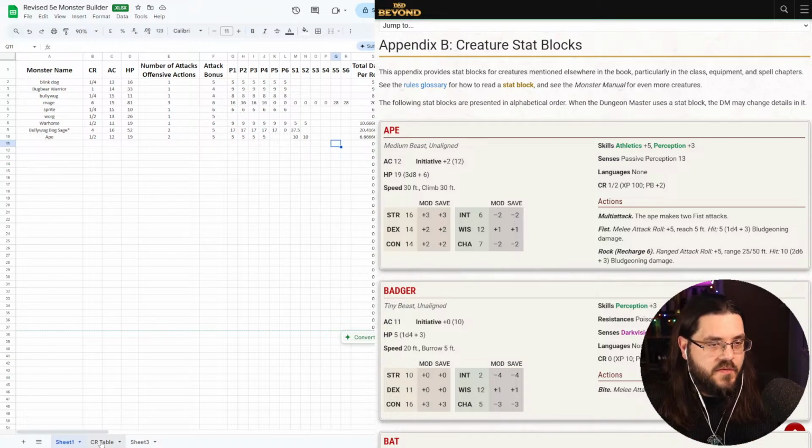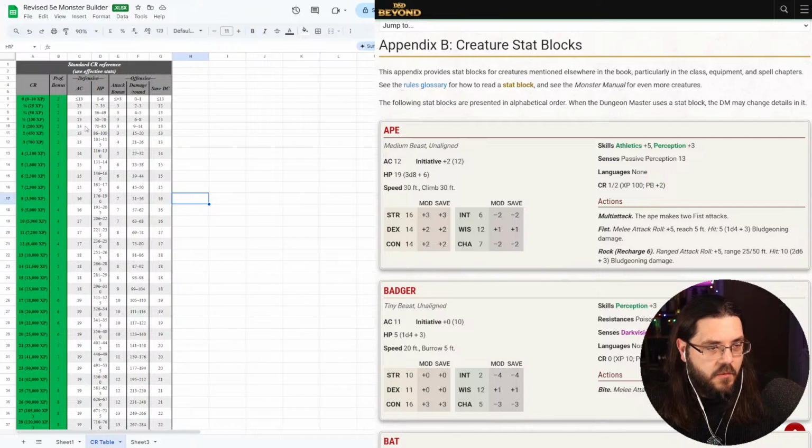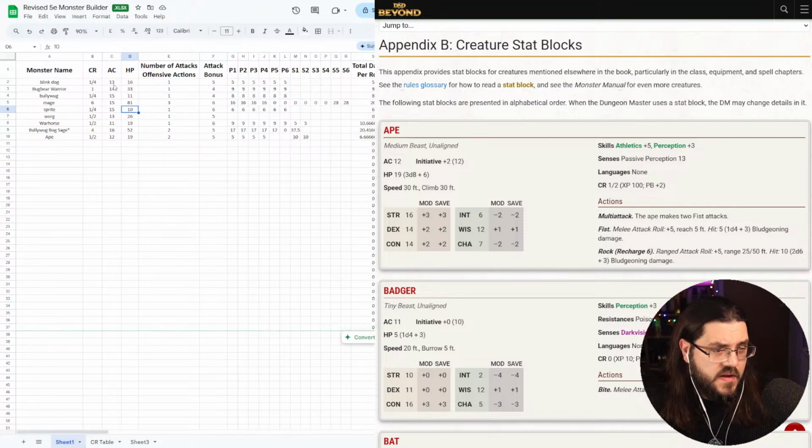For example, we've got several CR 1/4 at the moment, so let's have a look. Their typical AC is 13, so 13, 15, 15, so that is trending a little bit higher.